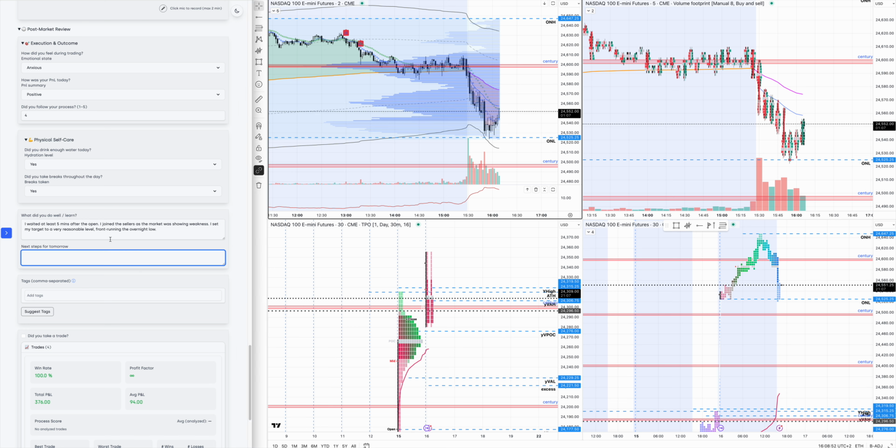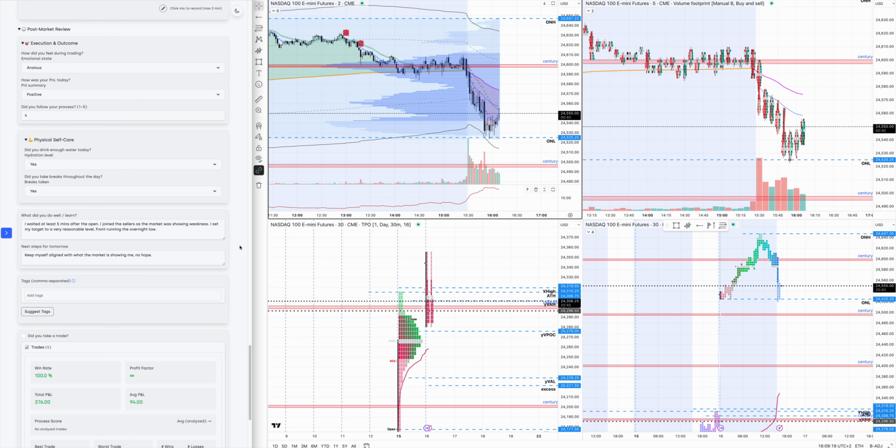Next steps for tomorrow: give myself a line. I mean, no hope. And this maybe sounds cliche, maybe obvious, but it has been many years until I reached a point where you can actually accept what the market is doing.